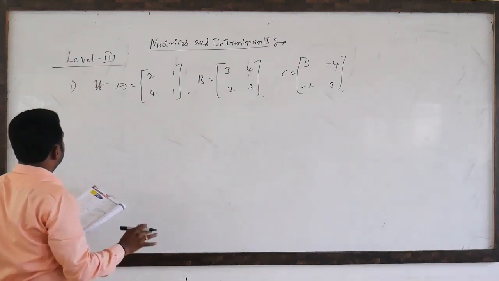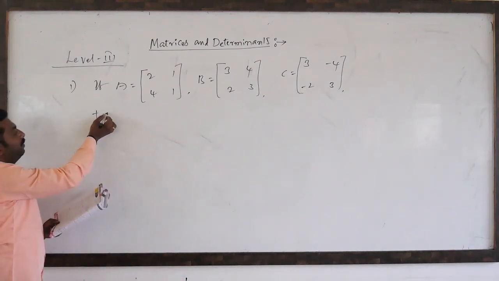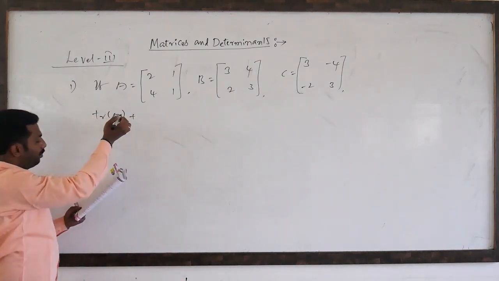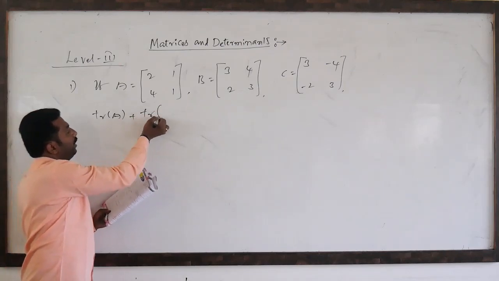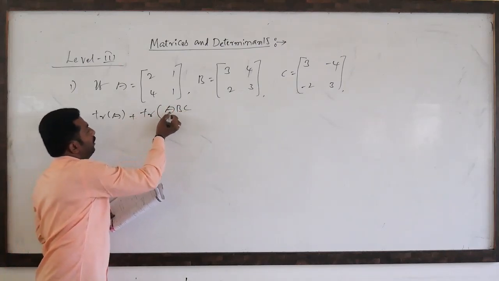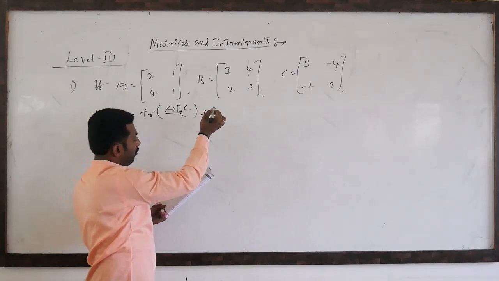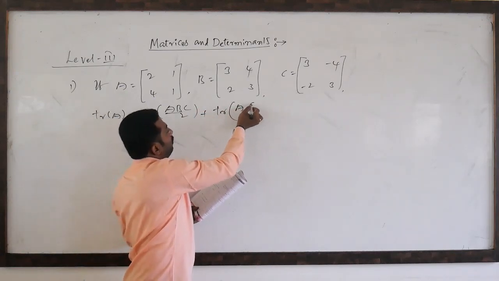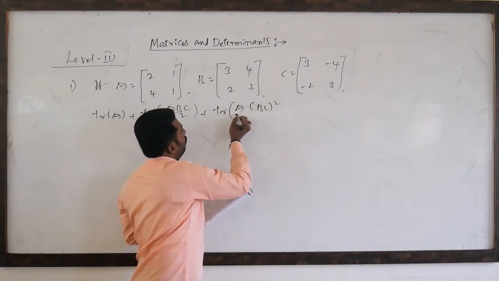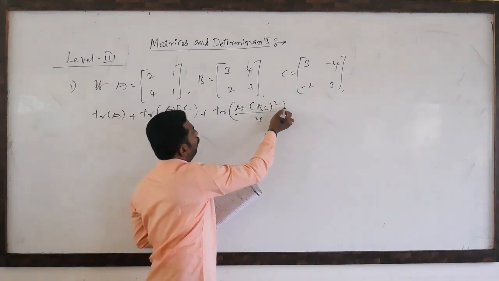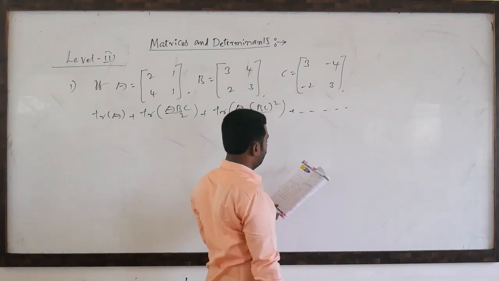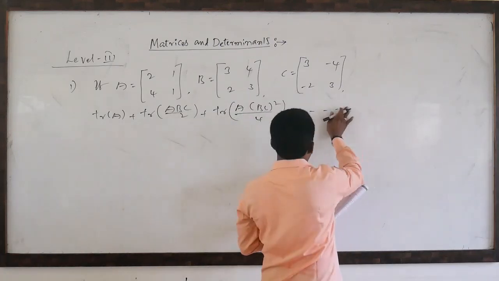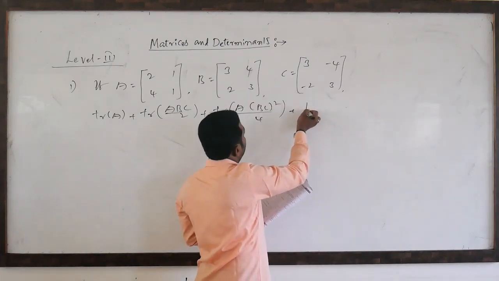Then trace of A plus trace of ABC by 2 plus trace of A into (BC) whole square divided by 4 plus, and so on, up to means one more term outside, right?